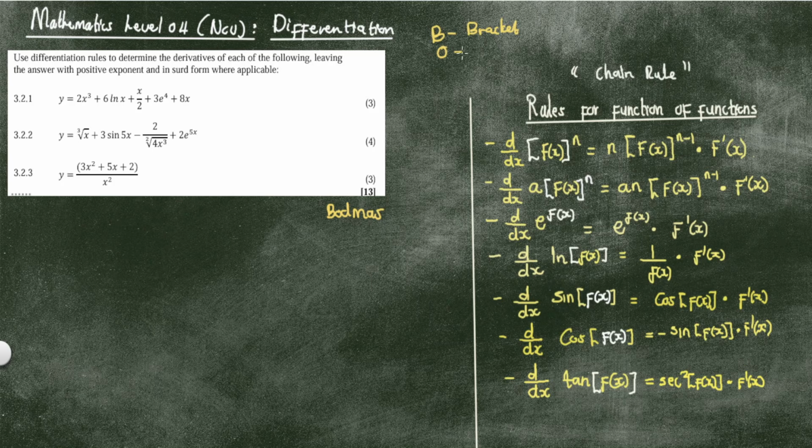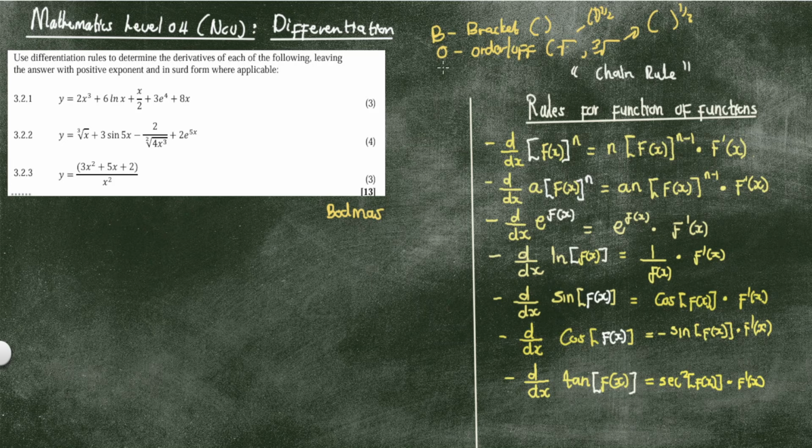The O stands for order or off, so it's our roots or rational exponents. We simplify the third root to an exponent of 1/3, and the square root to an exponent of 1/2, and so on.